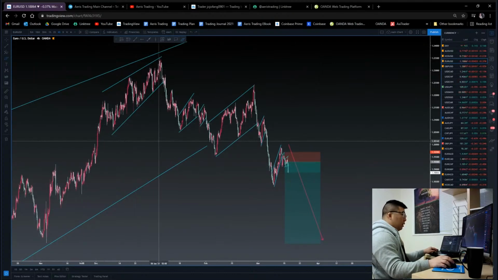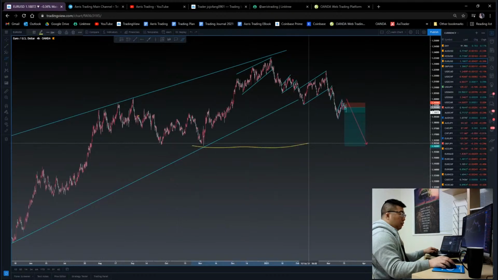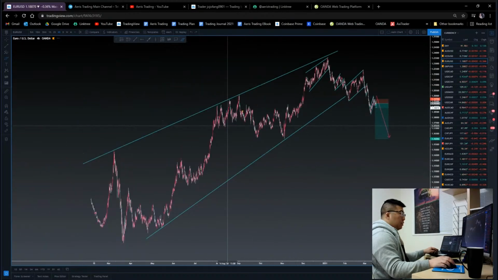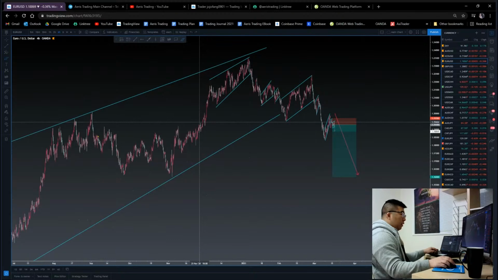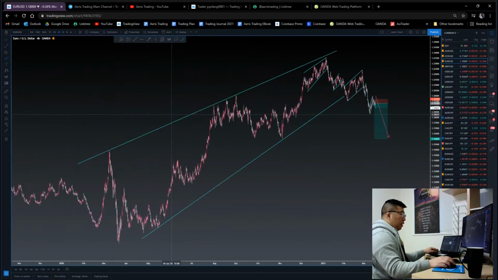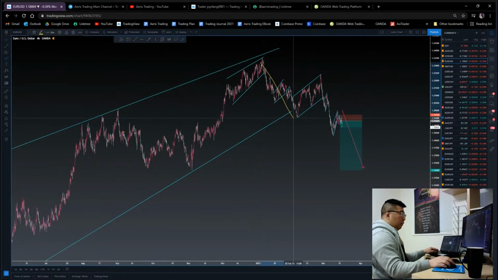Okay, so that's what I always tell all my followers and traders: understanding multi-time frame analysis, right? We know that on a higher time frame, there is a potential rising wedge. We broke out of the rising wedge with a continuation correction. So naturally, if you look for more continuation correction, we can get a very good, strong bearish continuation from the price.